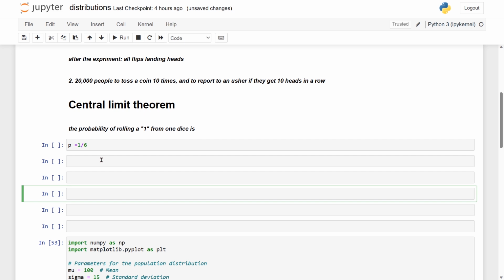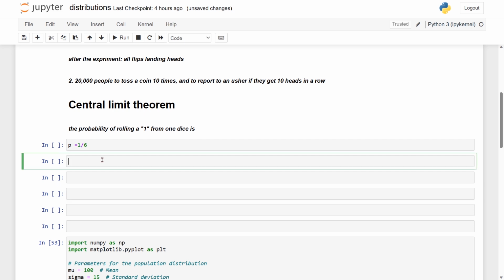And to roll a 2, again P equals 1 divided by 6. And 3, 1 divided by 6. 4, 1 divided by 6. 5, 6, also 1 divided by 6.